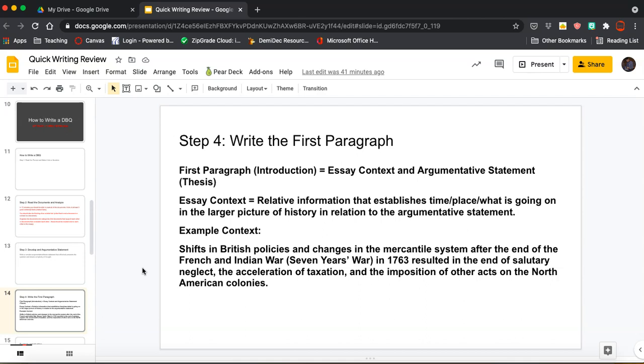And then you could get into your actual thesis. Although some colonists remained loyal to Britain and were arguing mainly for representation, by 1776, a good 40 to 50%, or a lot of colonists had decided to become independent or started arguing for independence. All right, that would be your first paragraph.